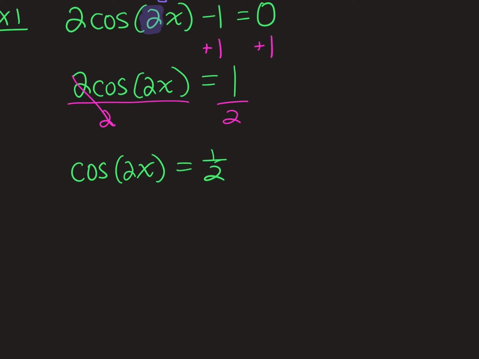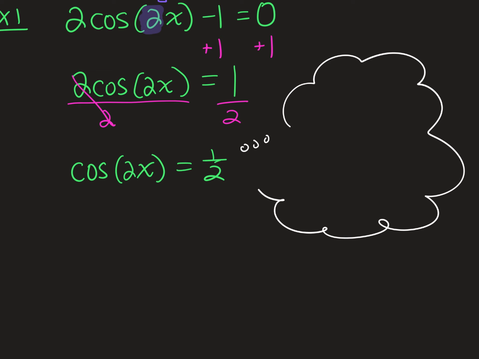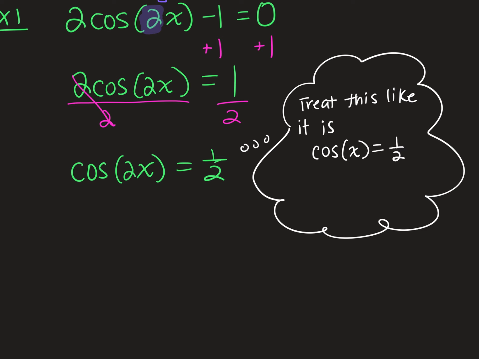Now, what I want you to do is imagine that this was just cosine of x equals a half. So I'm going to put a little thought bubble off to the side here. Let's treat this like it is cosine of x equals 1/2, and find our angles that would make that true.